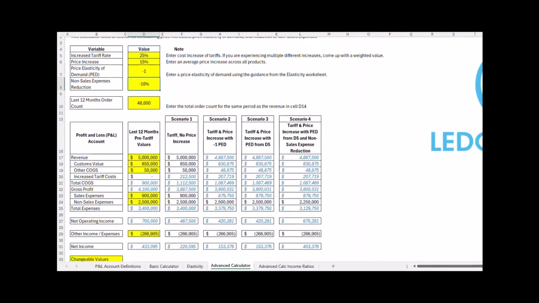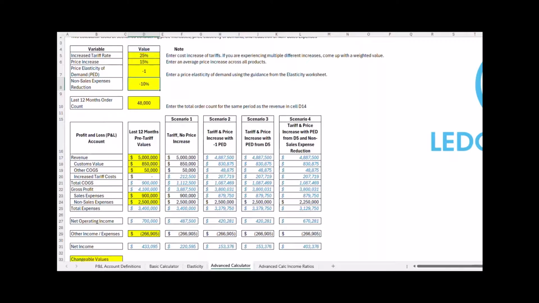So you can see how this is going to shake out if you increase your price by 15% and your elasticity is at about a -1. You'll see that now your tariff costs have gone down a bit, your COGS have gone down a bit, your profit has also gone down just a bit, and now you'll see down here that your net income is lower than it was in scenario 1.